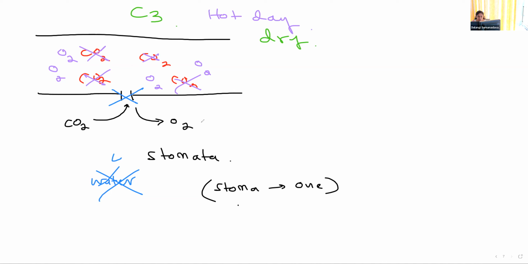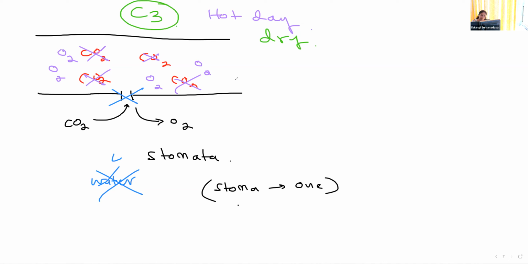So the plants need to do something to avoid photorespiration. But normal plants are not adapted to stop photorespiration because they're not experiencing this every day, right? That's why I said normal temperature plants. So if there's a sudden temperature hike, they can't do anything.